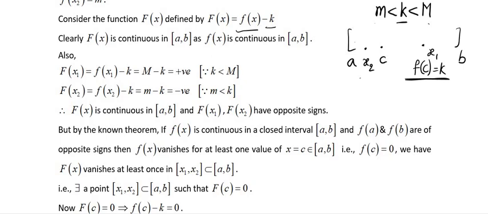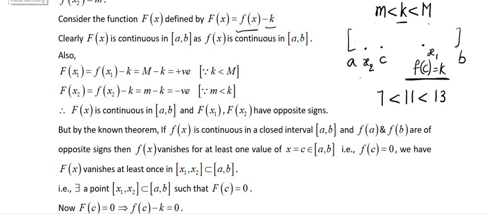Also, capital F of x1: replace x with x1, so the RHS becomes f of x1 minus k. But we know the value of f of x1, that is capital M minus k. Now we have the relation m is less than k less than capital M. For example, 7 is less than 11, 11 is less than 13.